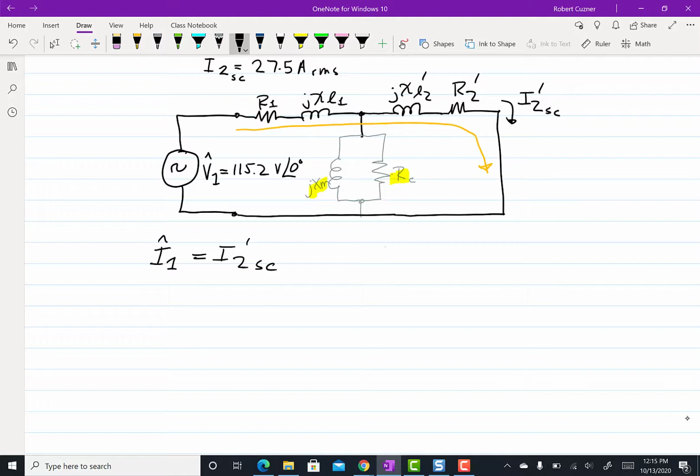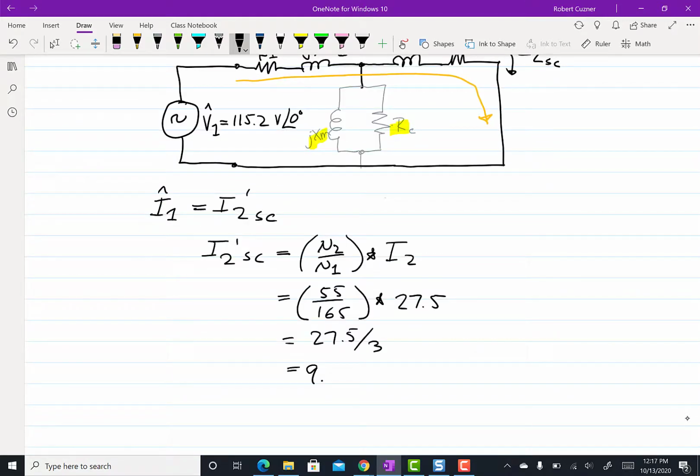And what is that? We know that to refer the short circuit current of the secondary side to the primary, we would multiply that current times the inverse of the turns ratio. So the current seen from the primary side is 9.2 amperes under the short circuit condition.